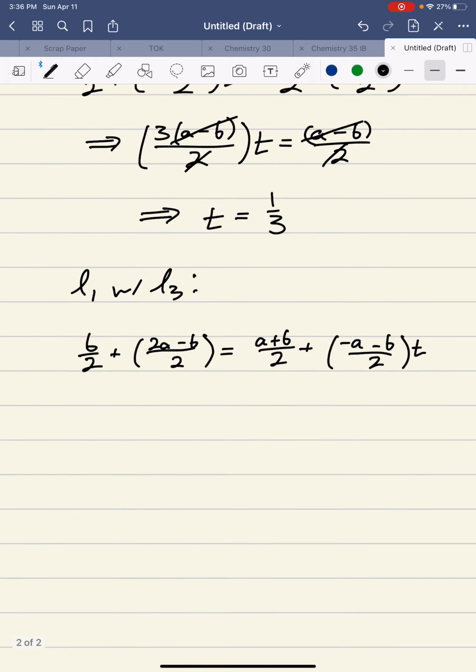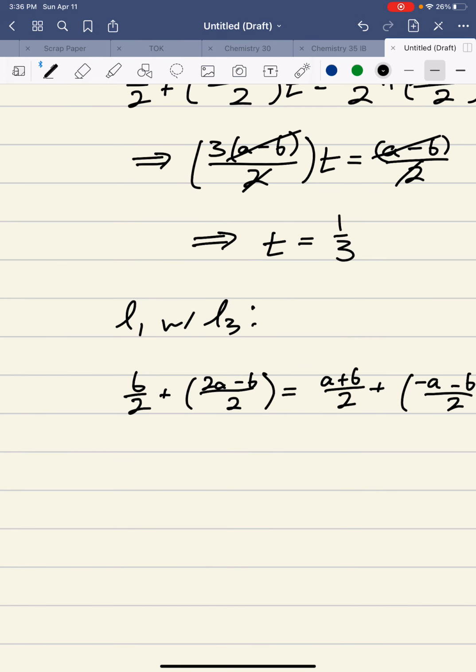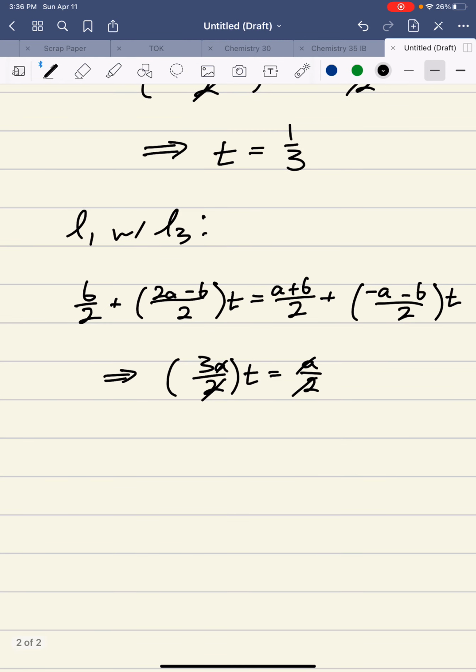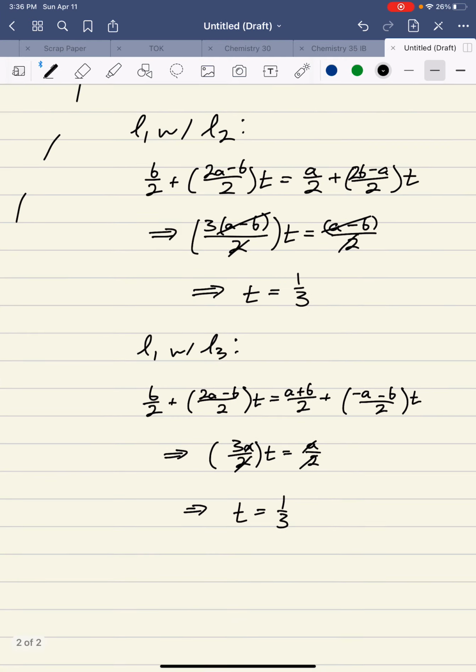Okay, so if we equate these to each other... Oh, I forgot the t here. My bad. So just combine like terms again. Let's see here. 3a over 2 t is equal to a over 2. So canceling out the 2's, canceling out the a's because both are on the same side, and then dividing both sides by 3, t is also 1/3. This is good because we're proving it.